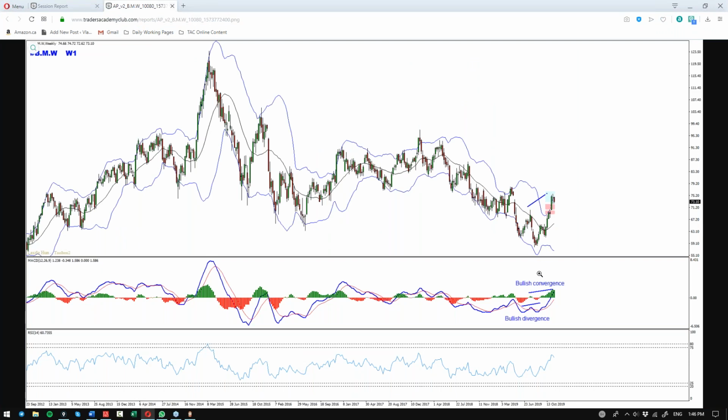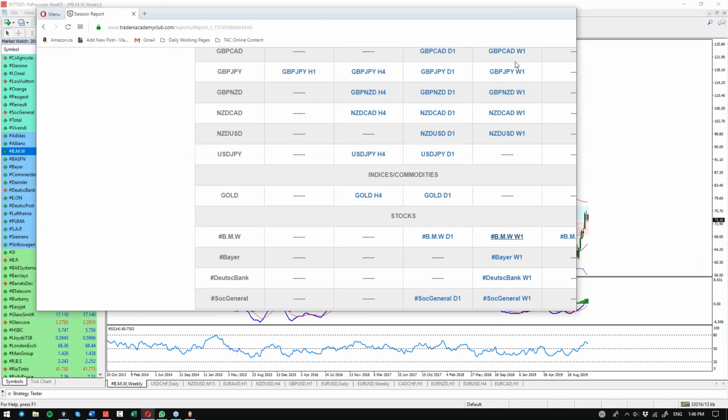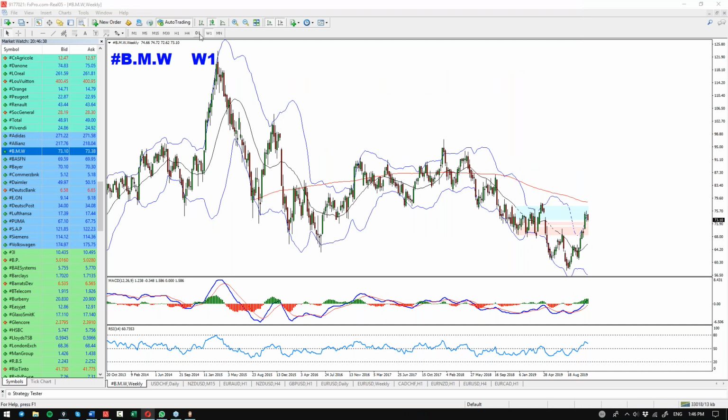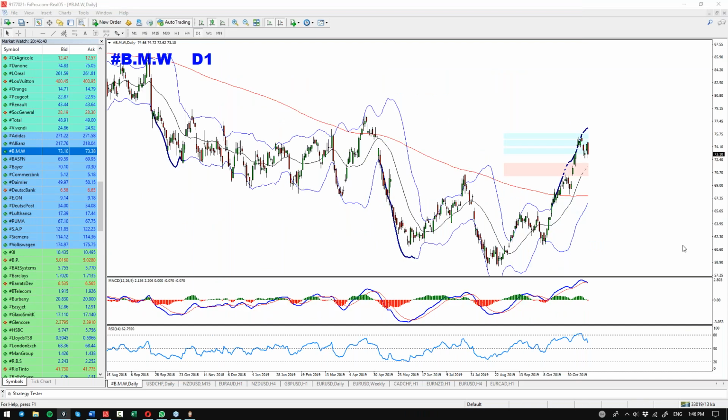We have the weekly bullish divergence, bullish convergence in a massive cycle here, and of course, the most recent one. So the way we wanted to work with that, since the daily is making higher highs, higher lows, is buy retraces. So that is our plan.